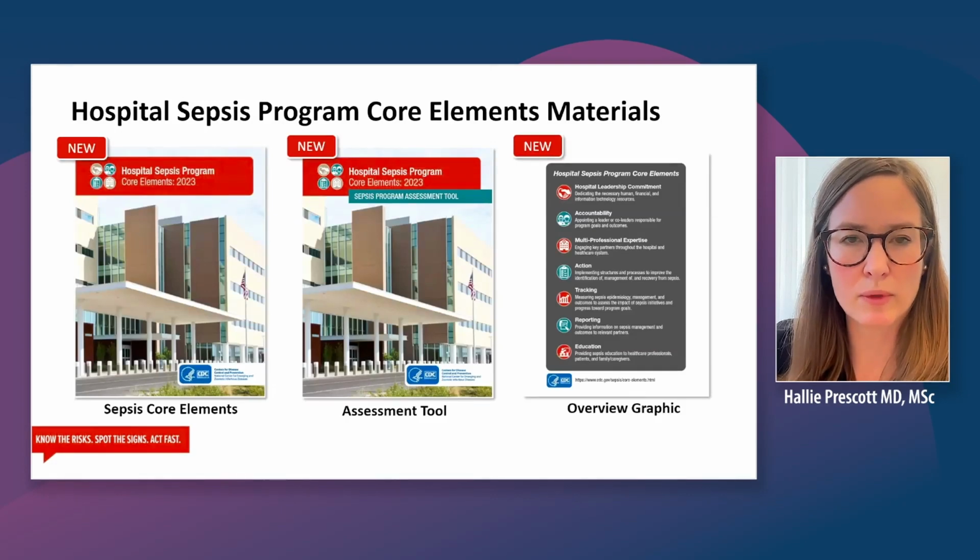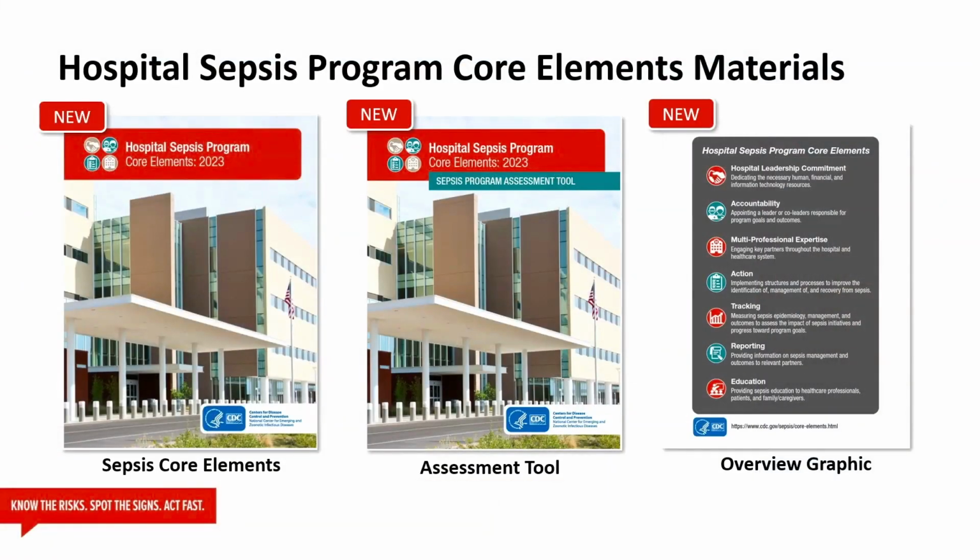So the hospital sepsis program core elements was released in August, and a number of different documents were released. First, the core elements guidance, which describes in more detail each of the 7 core elements. There is a hospital self-assessment tool that's included in the back, and that is essentially the place to start with this.